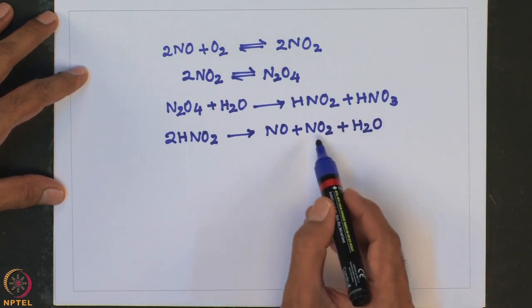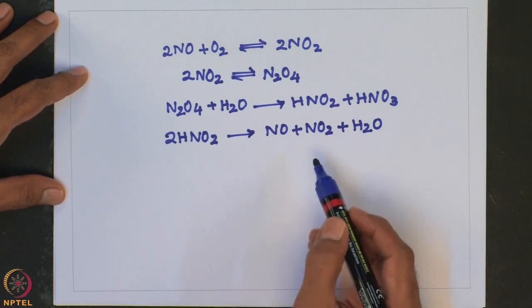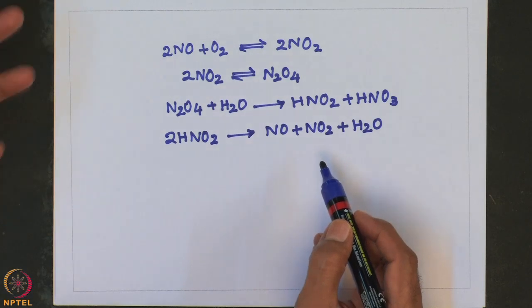So, treatment of NO2 with water gives nitric acid, and just recall that I had mentioned NO2 as an anhydride of nitric acid.